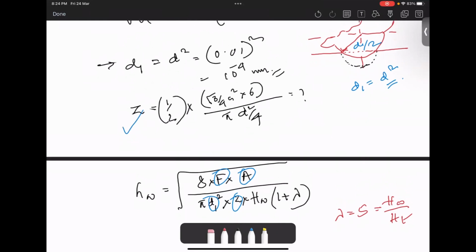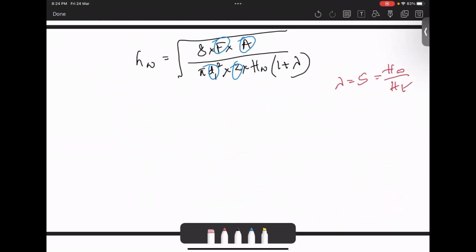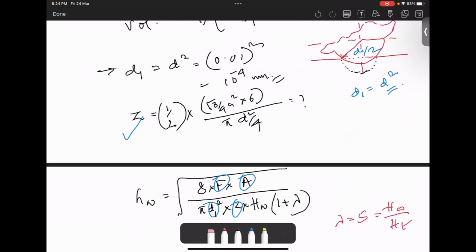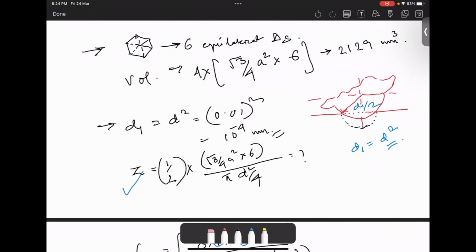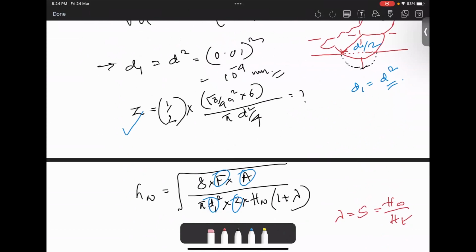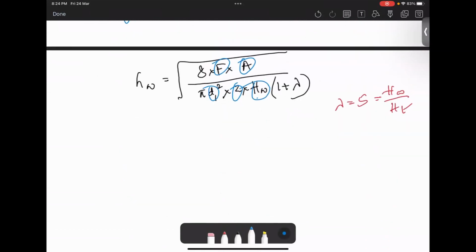Then you find out the hardness value. The hardness of workpiece, I suppose, is given in the question as 6900 Newton per mm squared. So, given that lambda has been supposed to be 5, you find out HW.